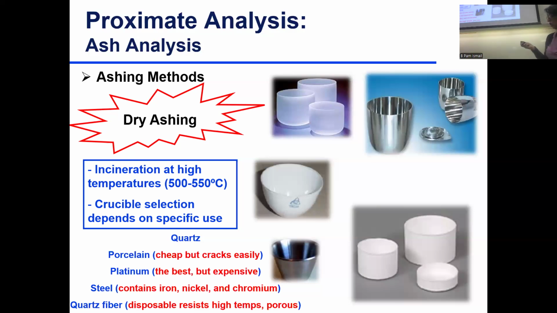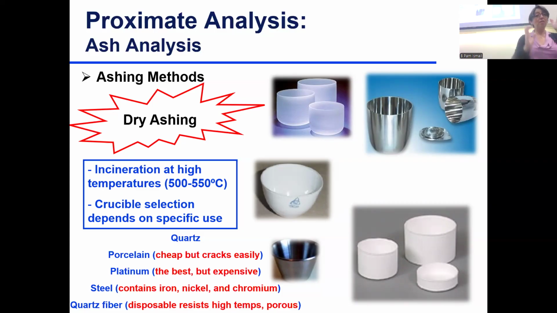Porcelain, however, is cheap, durable for high acid, can be durable for a high temperature as well, but it can crack, like break, when temperature changes very abruptly. So that's why when we put the samples in and we turn on the heat, the temperature goes up gradually.